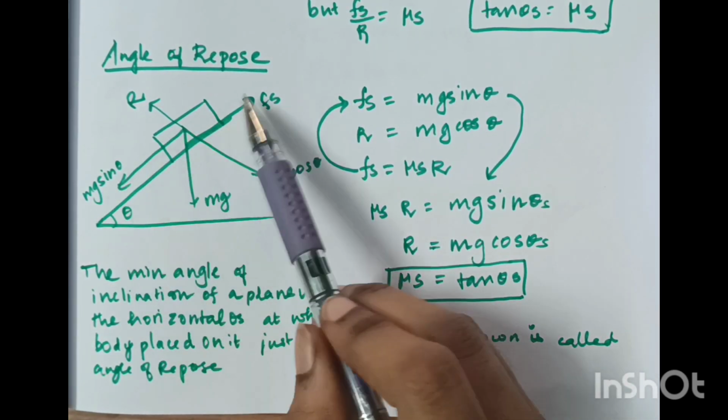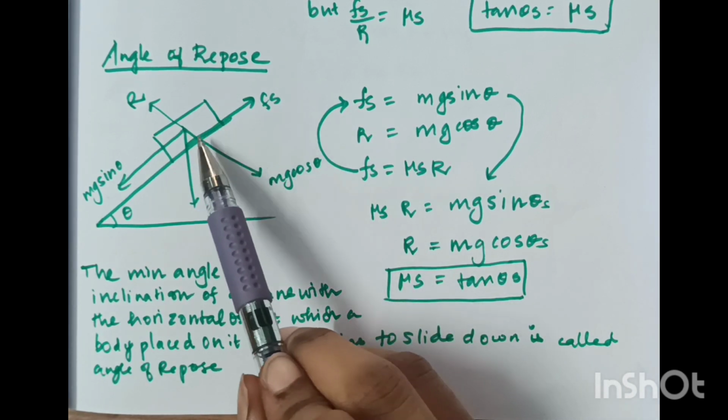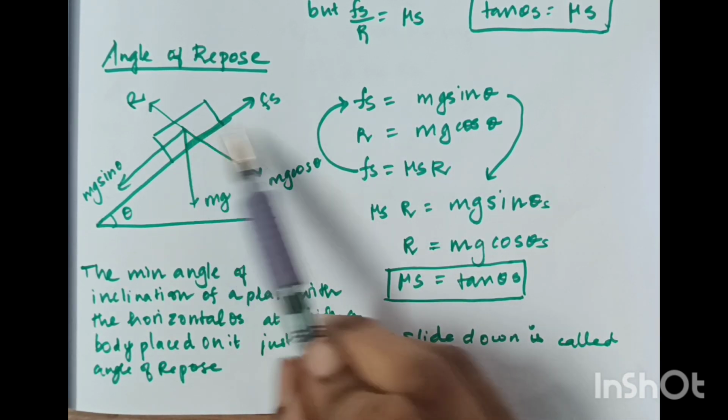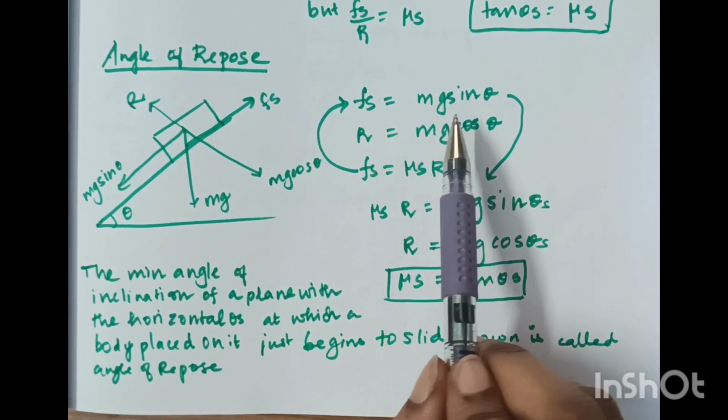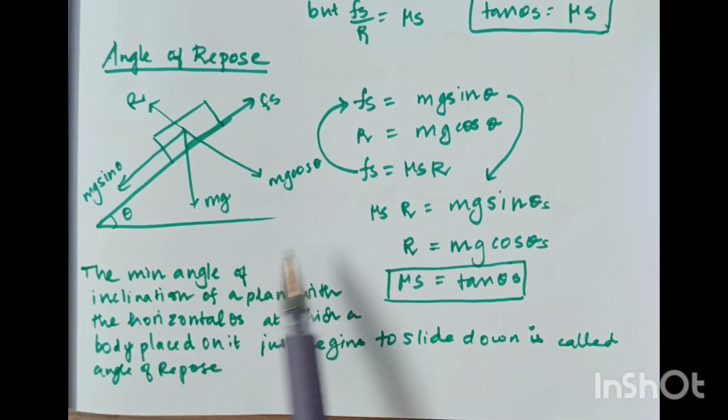We can say it is just beginning to move, so Fs equals mg sin theta. These two forces balance each other. Similarly, these two forces also balance each other: R equals mg cos theta.